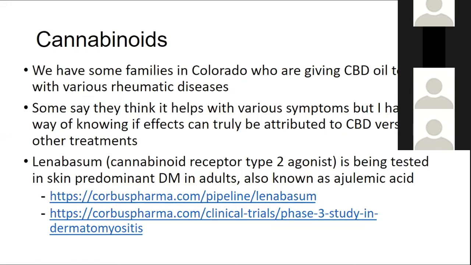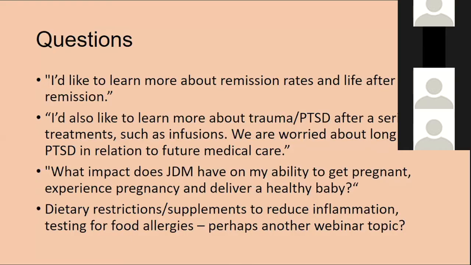And there have been some studies looking at this drug in patients with adult myositis who have skin predominant disease or very bad skin rashes that have shown some initial success. This is the name of the drug company that has created this medication. I'm not endorsing it by any means, but that's a place where you could find information about that if you're interested. And again, as far as I know, there aren't any studies in kids.